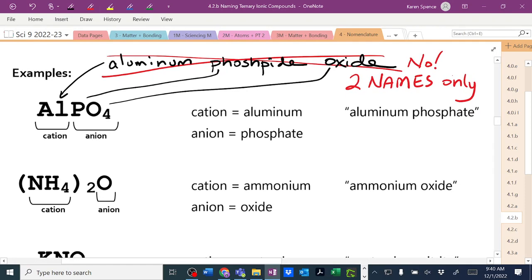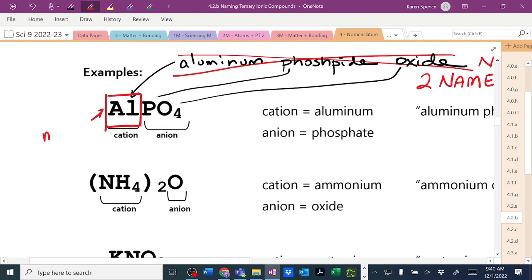So part of the trick is saying, who is the cation? It's either going to be a metal, which is the positive ion, or it's going to be NH4, which is also the positive ion.